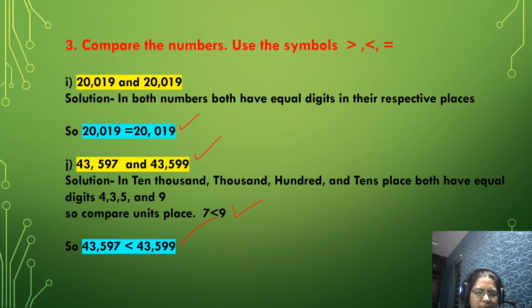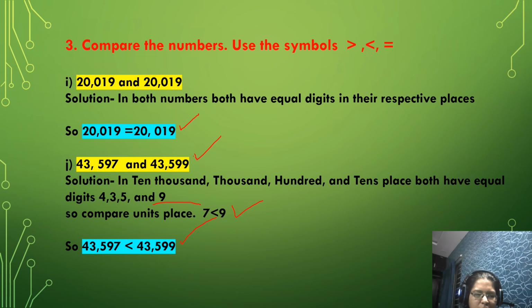In the 10,000s place, 1000s place, 100s place and tens place, both have the same digit, that is 4, 3, 5 and 9.